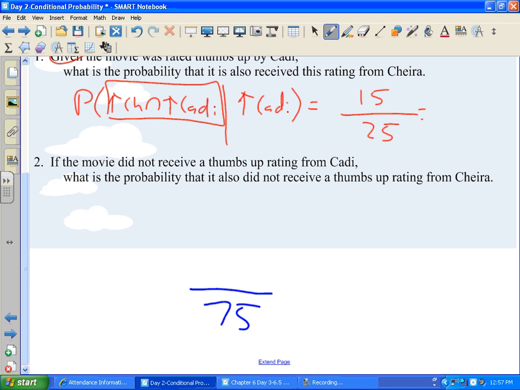Hopefully you're saying that's 50. That's where they both thumb down, or not thumb up and not thumb up. Complements there. So it should be 50 over 75 for that one, which is 0.667.